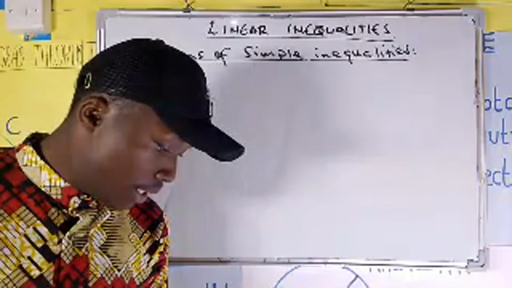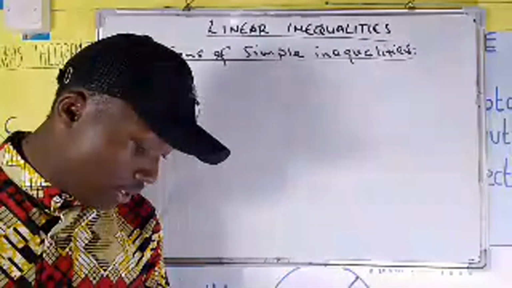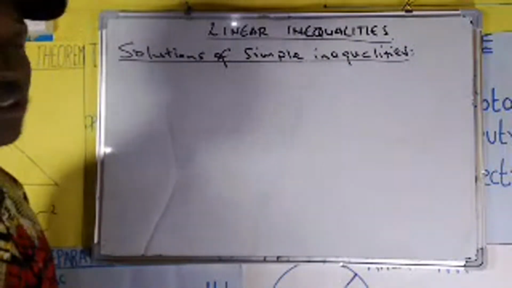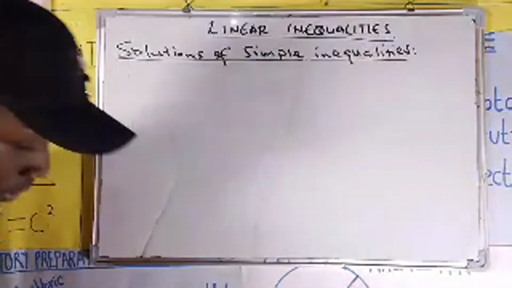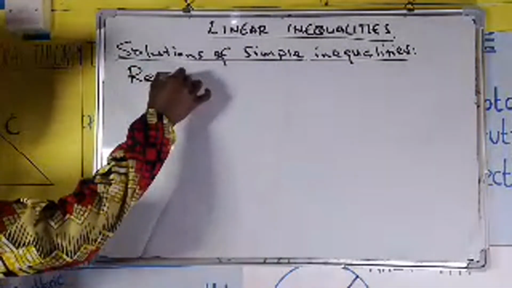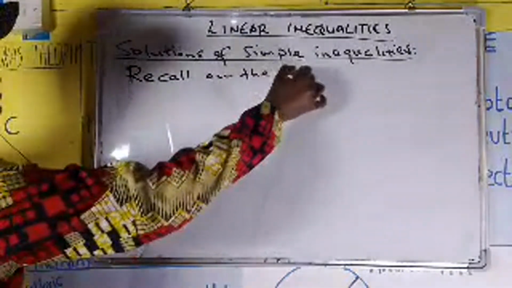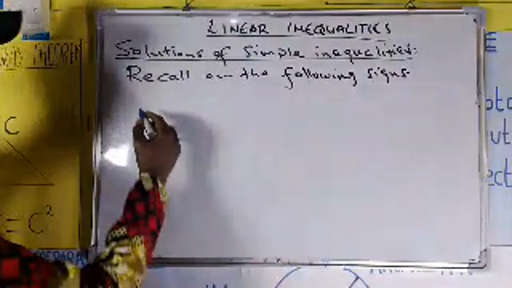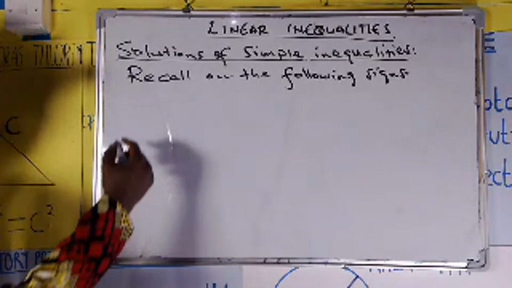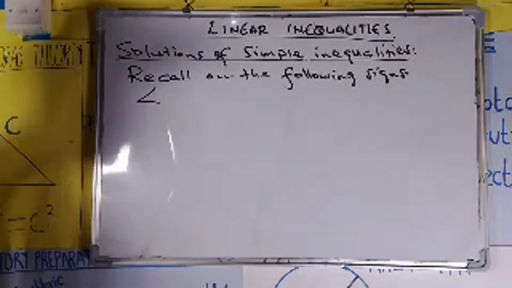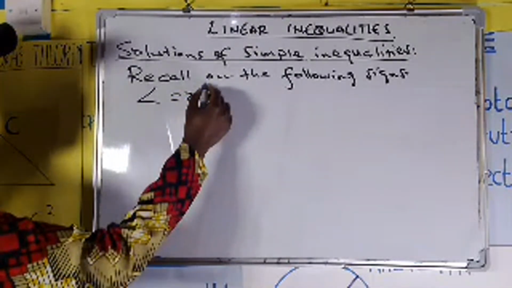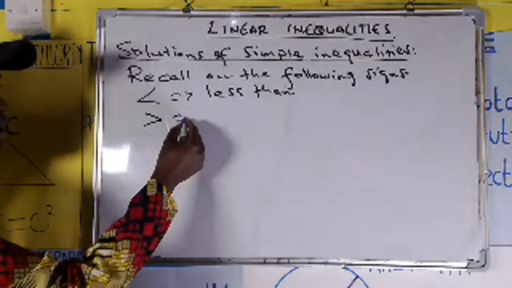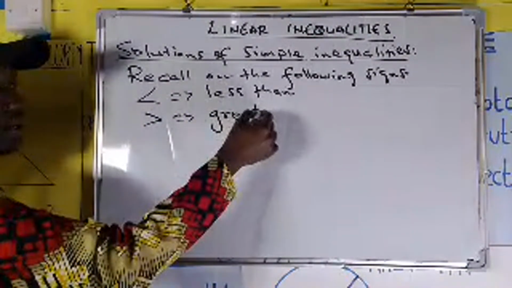So under linear inequalities, we said we will start with what we call the solutions of simple inequalities. I hope you can recall the following signs. We have a sign like this. This sign means less than. A sign like this means greater than.